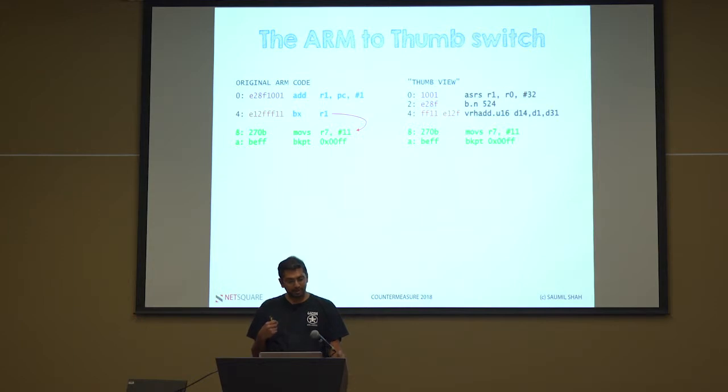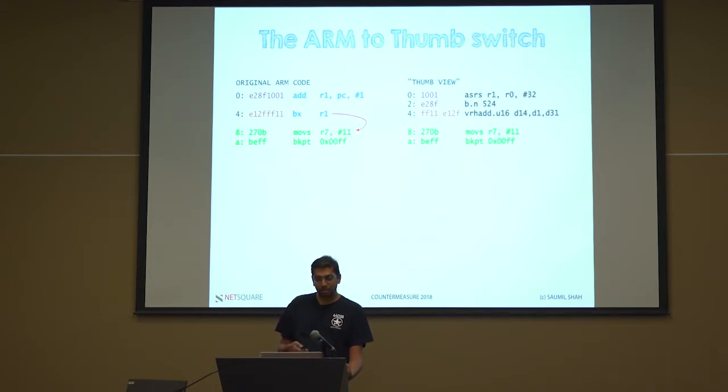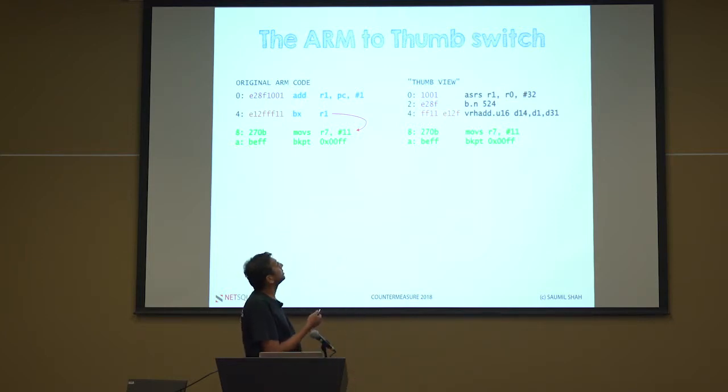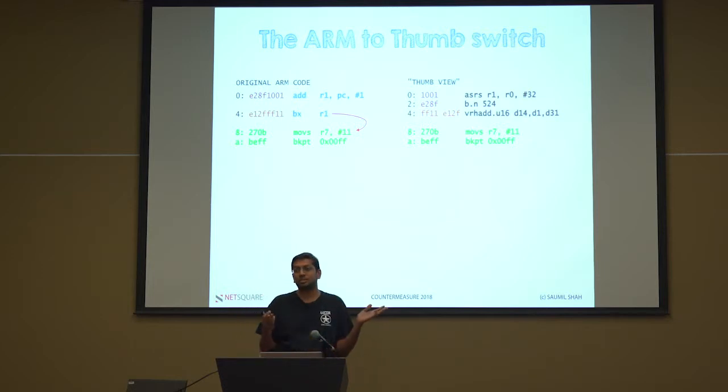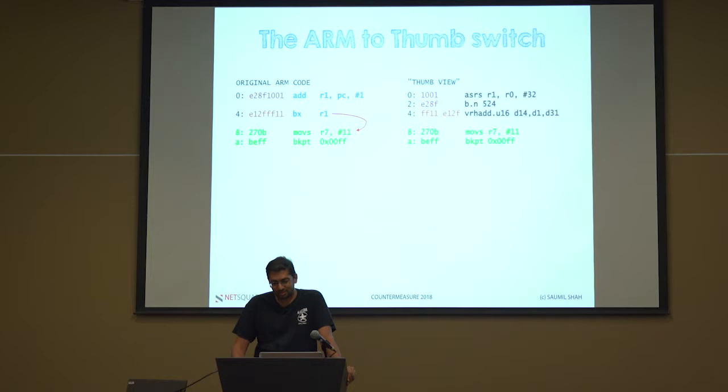So byte by byte, the first add instruction becomes an arithmetic shift right and a branch instruction. And then the second branch instruction in ARM becomes a, I don't know what this opcode means. I just call it very horrible add instruction. It's like a vector floating point instruction, which I have no idea what it does. But basically, I don't want that.